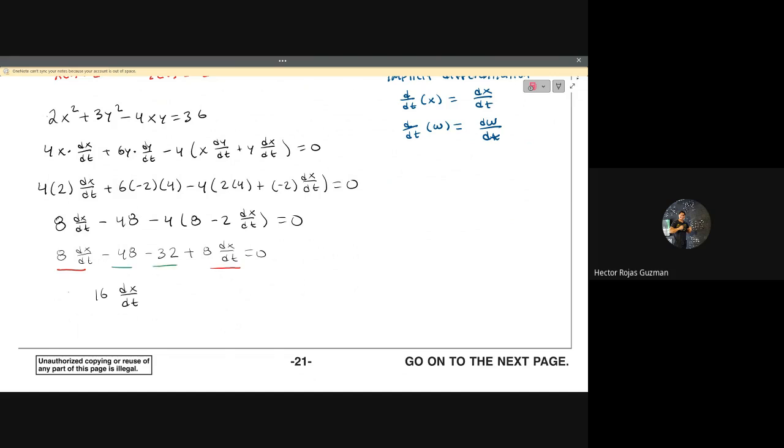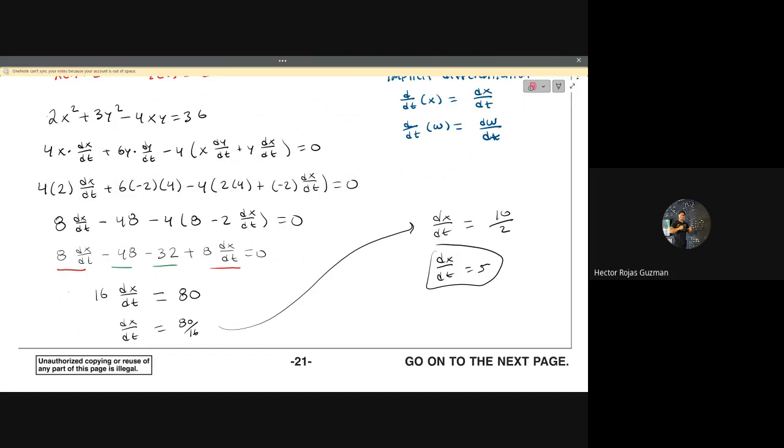But you know what? Let's move it to the other side. So it's going to be negative 80, which becomes positive 80 once we move it over. Let's reduce this. Looks like we can reduce by 8. dx/dt is equal to 5.